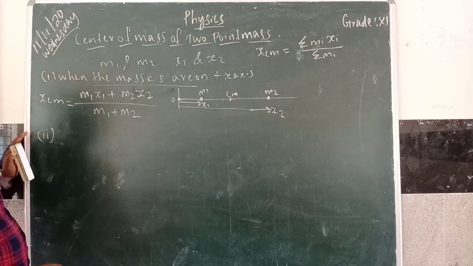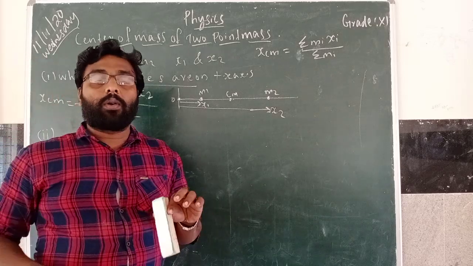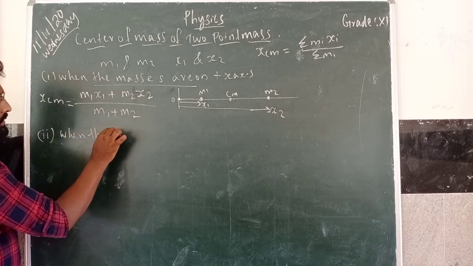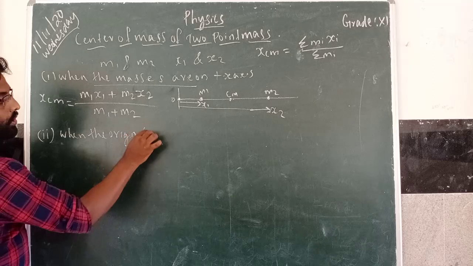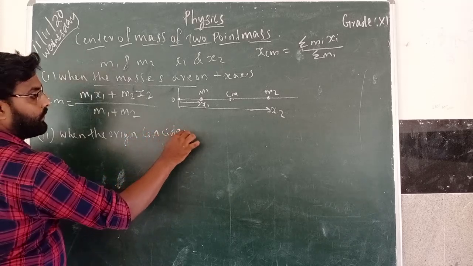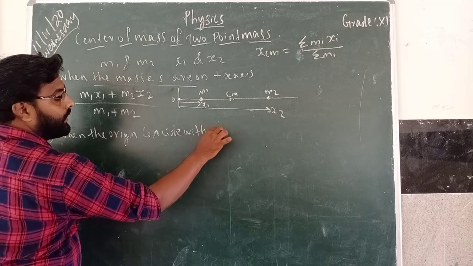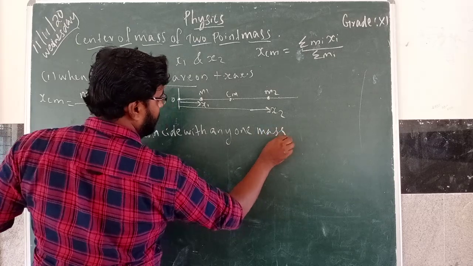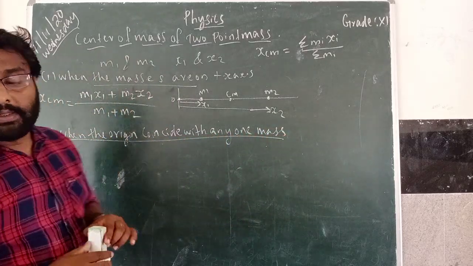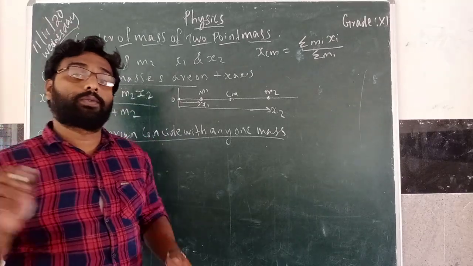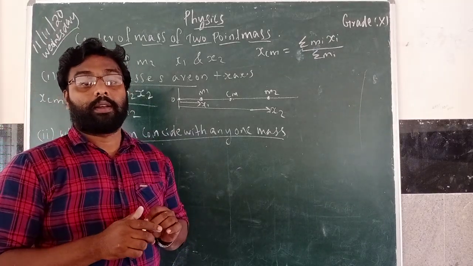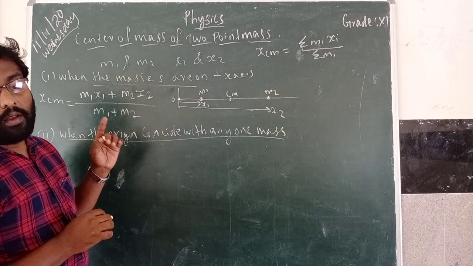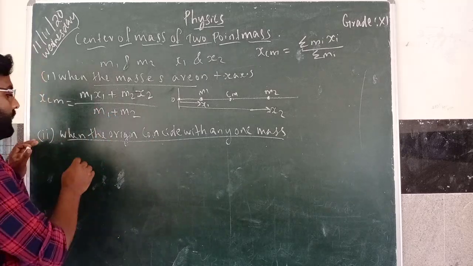The second way is when the origin coincides with any one mass. This is the second way you can find the center of mass for these two masses kept at different positions: when the origin coincides with any one of the masses.